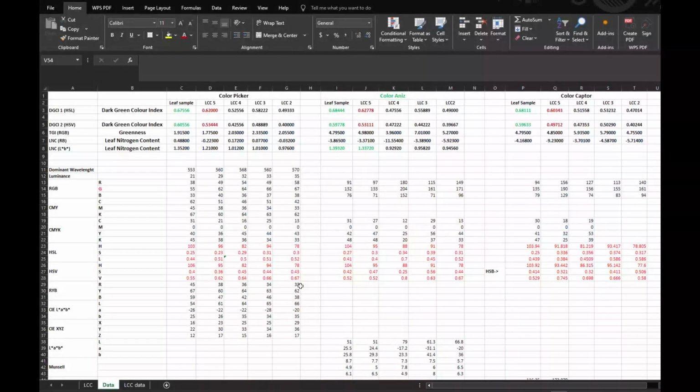So I use 3 Android phone apps, and they are called Color Picker, Color Analyzer, and ColorCaptor. The Color Picker gives a lot of information.